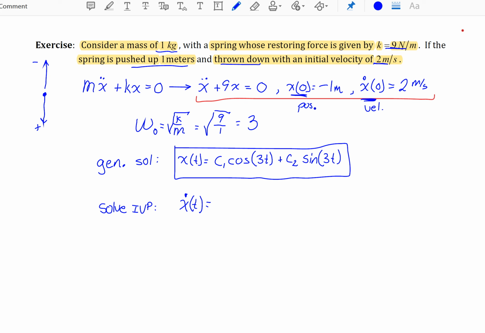The derivative of c1 cosine of anything is going to be negative c1 sine of the anything times by the chain rule. The derivative of the anything gives us a factor of 3, I'll write in front. Plus the derivative of c2 sine of anything is going to be c2 cosine of the anything times by the chain rule. The derivative of the anything gives us a factor of 3 that goes in front.